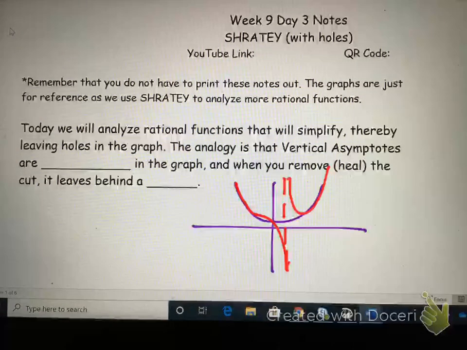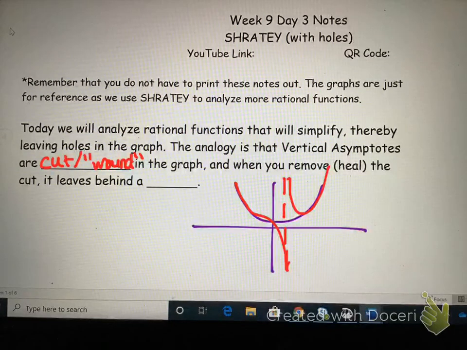So the vertical asymptote literally is a cut, or even, if you want to take it so far as to call it, a wound in the graph. It literally makes the two sides of the graph pull apart from each other and separate and do their own thing and behave their own way. Okay?